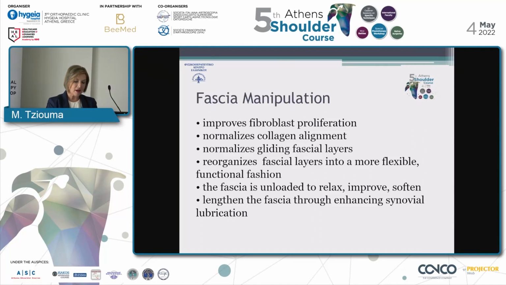The fascia is manipulated with direct or indirect methods like Pilates, allowing the components of the fascial layers to reorganize themselves into a more flexible, functional fashion. It is one of the essential techniques in dysfunction or malalignments of the deep fascia.